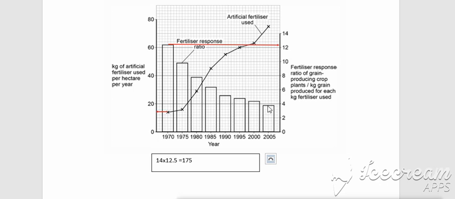We will then need to do the same thing but for 2005, so we can work out the fertilizer response ratio by reading across, and we can work out the amount of fertilizer used by reading across to the opposite axes.